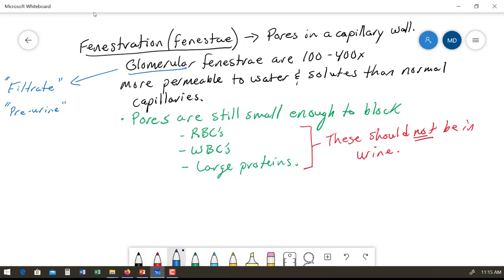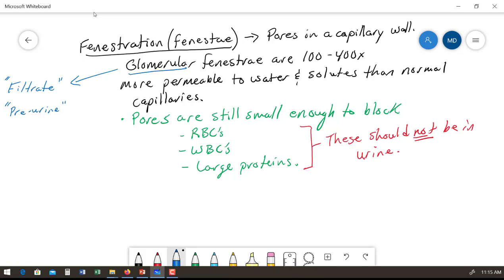That's because it's not truly urine yet. We don't get urine until the fluid actually passes out of the nephron itself. Once it leaves the nephron completely, then it's called urine. Until then, it's just filtrate or pre-urine.